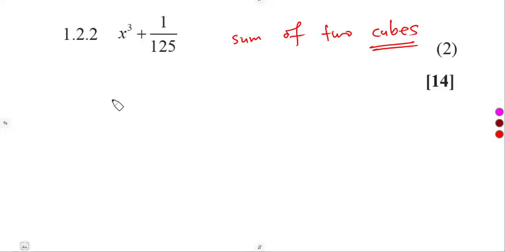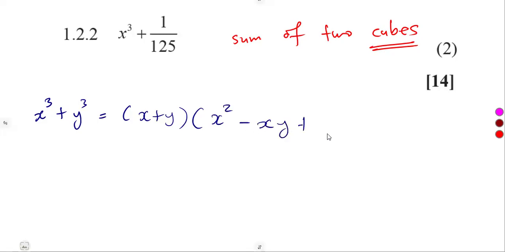If we are given x to the exponent of 3 plus y to the exponent of 3, it is going to give us two brackets, x plus y, which is first plus last, into x squared minus xy plus y squared. Remember the concept of our factorization if we are given this type of a sum of two cubes.